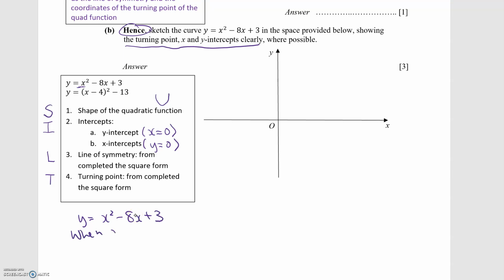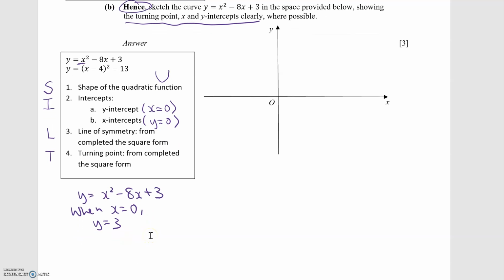So when x equals 0, y is 3. This gives me the y-intercept. Okay, so the coordinates of the y-intercept.